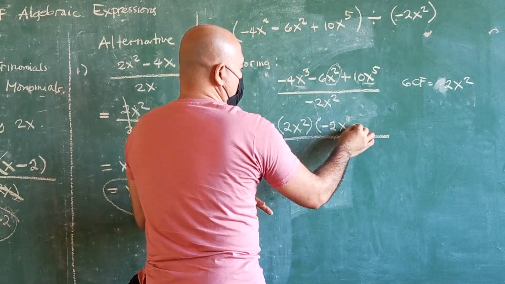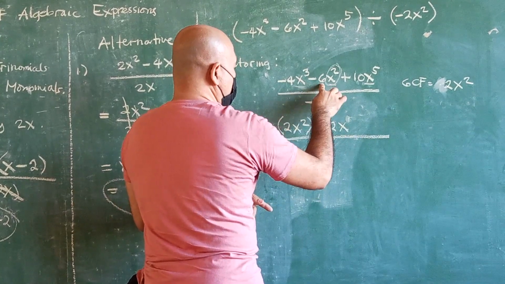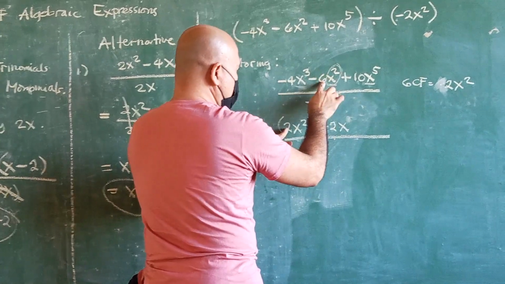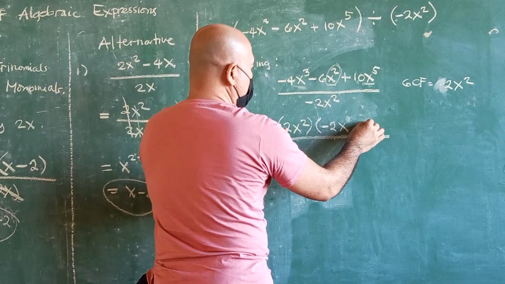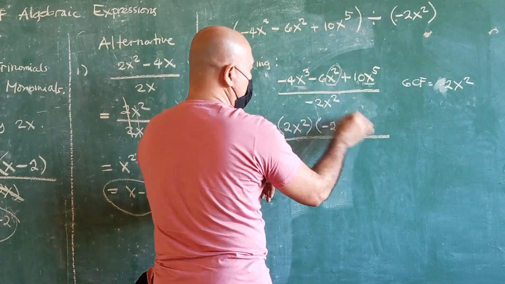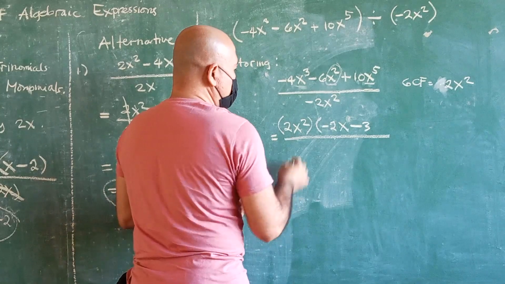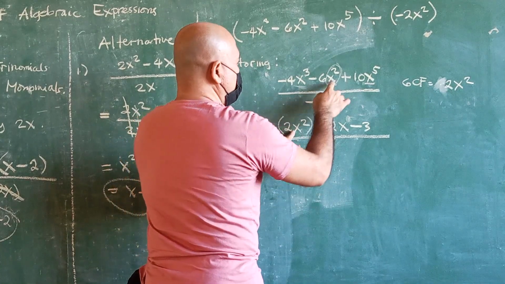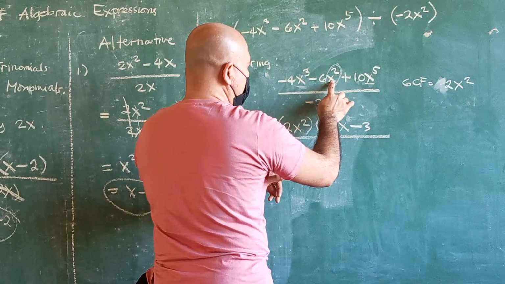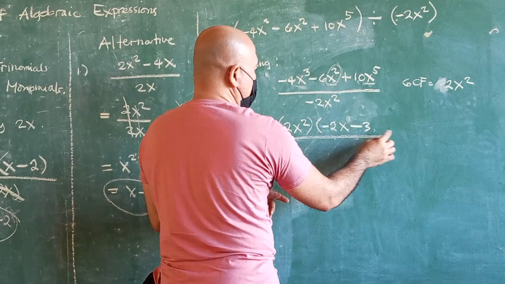And when you factor out 2 out of 6, the remaining coefficient is 3. And just copy the operation. Since you factor out x squared from this expression, there is no more variable and exponent for the second term.